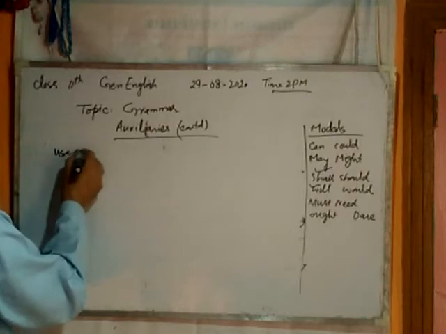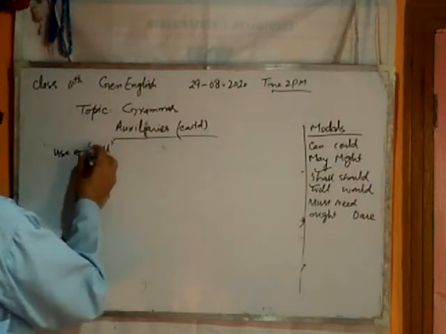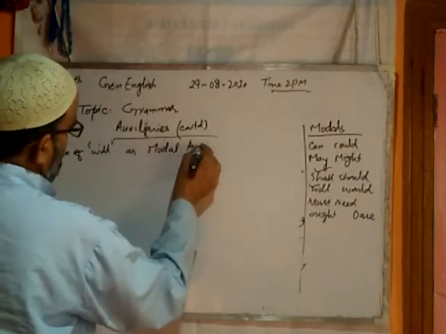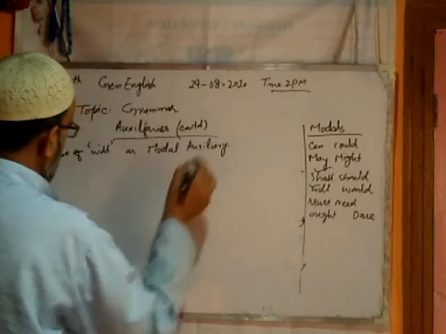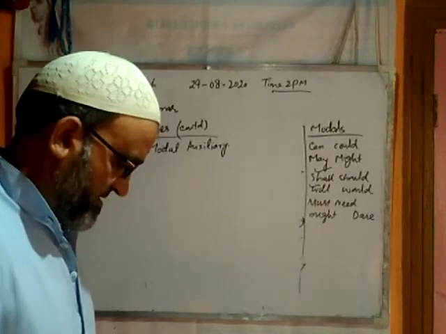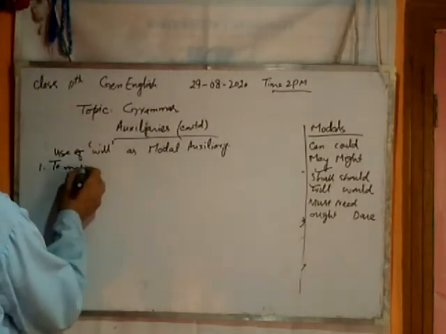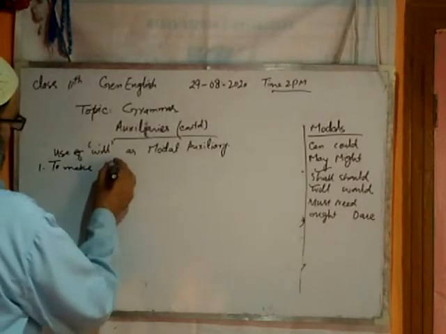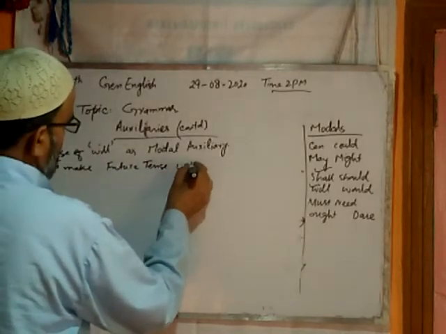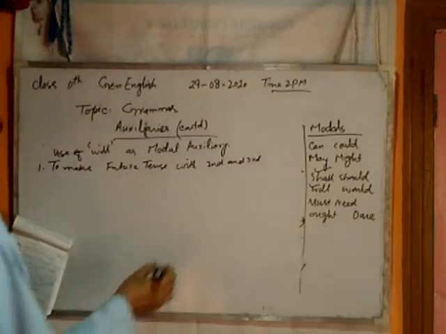Now, use of will as a modal auxiliary. First, it is used to make future tense with second and third persons.